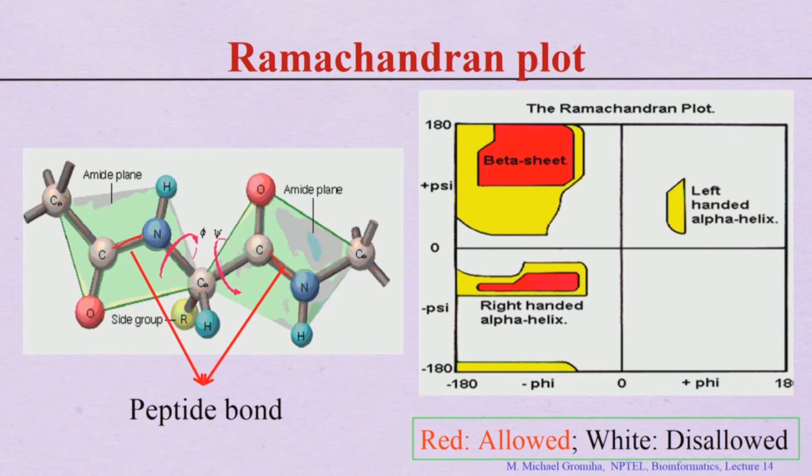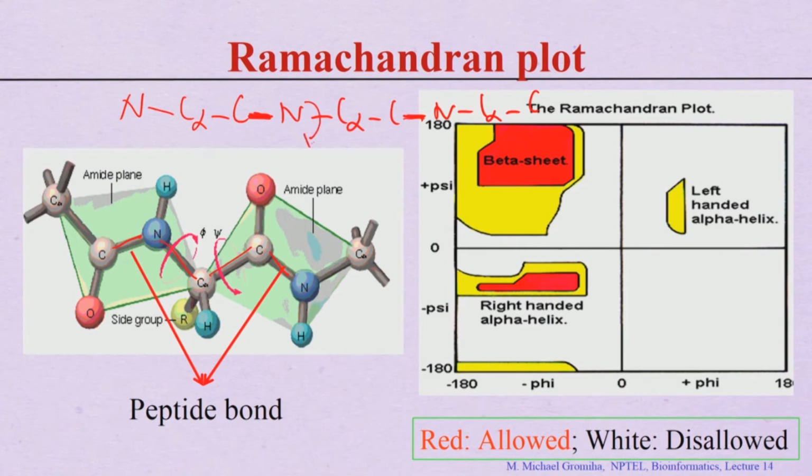What are the other two places? You can say N-C alpha as well as C alpha-C. For example, N, C alpha, C, N, C alpha, C, N, C alpha, C. Here you can see C-N, this is the peptide bond, and rotations are not allowed.